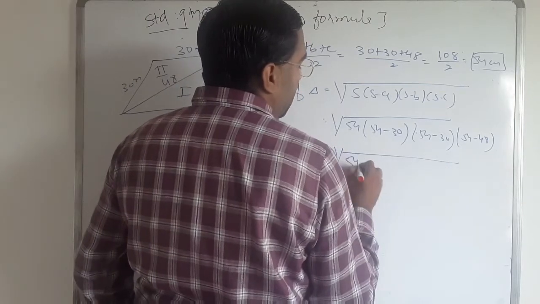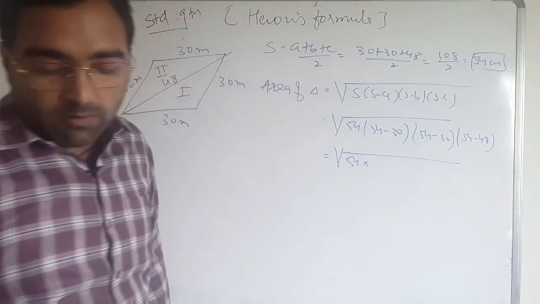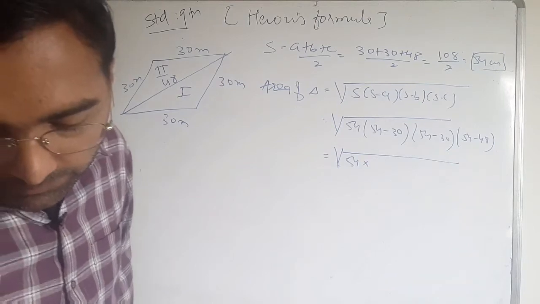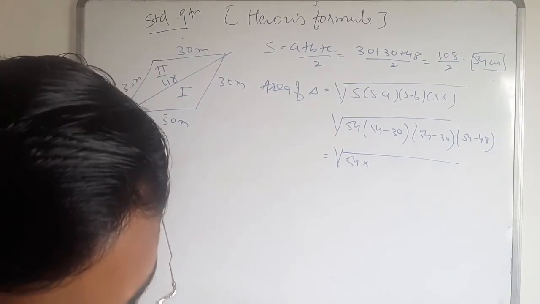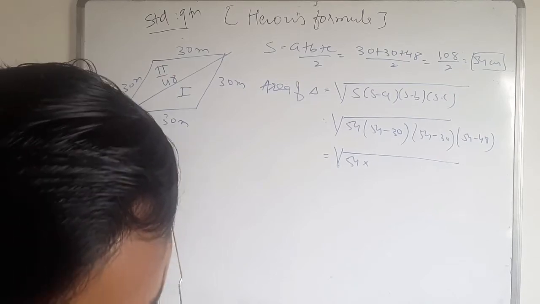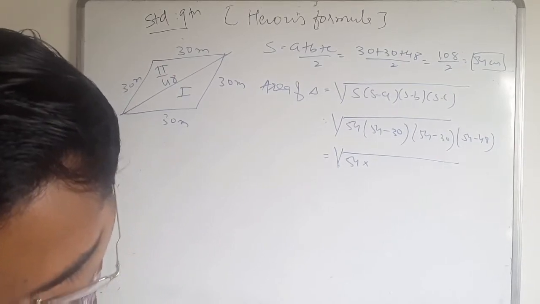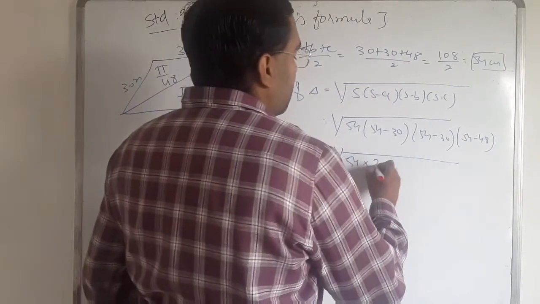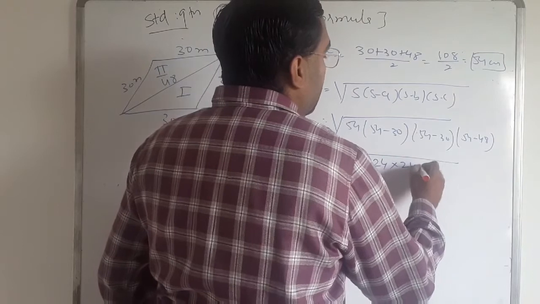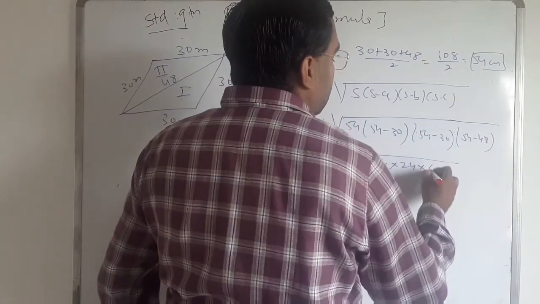So 54 into 54 minus 30. Is there any kind of mistake? No. 54 minus 30 is 24, into 24, into 54 minus 48, that is 6.